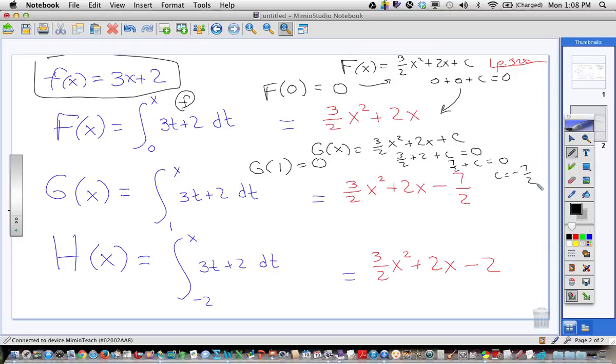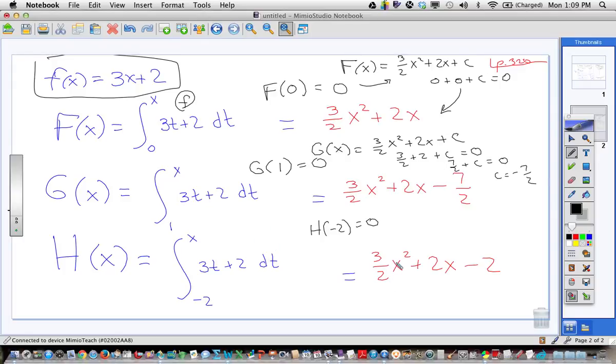The nice part about this is if we get a little f function that we can't do an area for, we can't do a geometric shape, no problem. As long as we do an antiderivative, we can do it this way, and we can find that C. And then, of course, on this last one, we're not sure. We think that was supposed to be -2. We know that h of -2 would be 0.